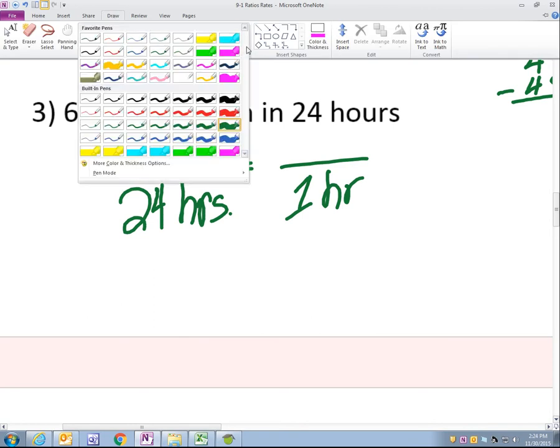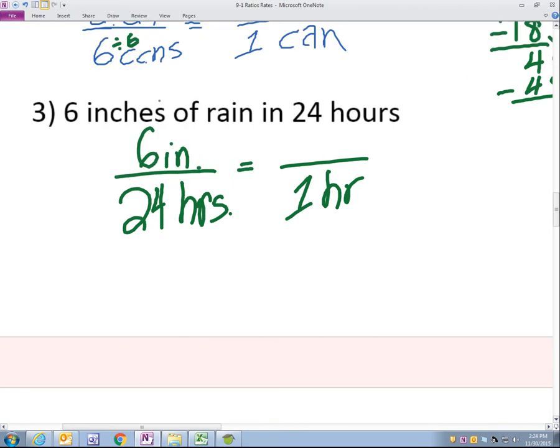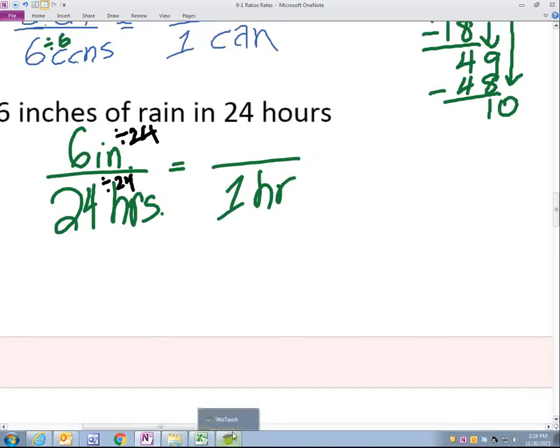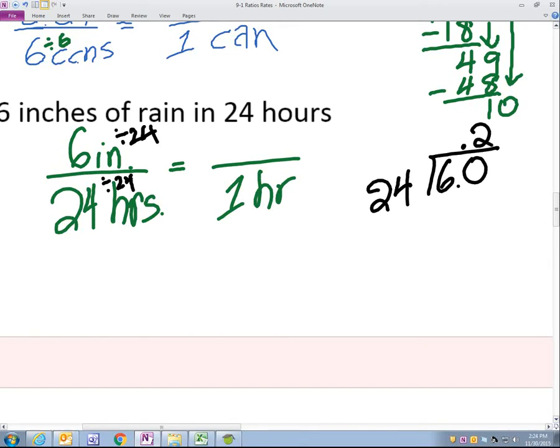The way that I found that was divide that by 24, which means I had to divide this by 24. Six divided by 24. It does not go in there, so I have a 0 here. That's why we do this. No, that's not right.